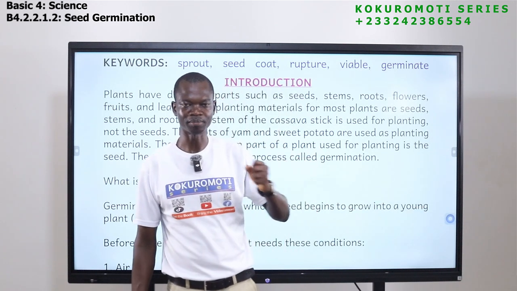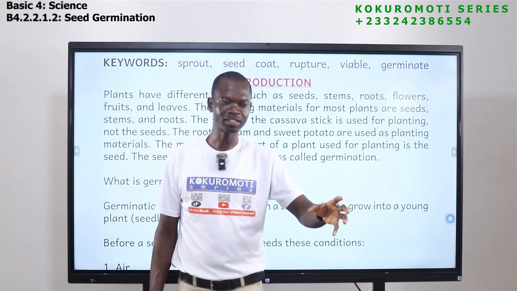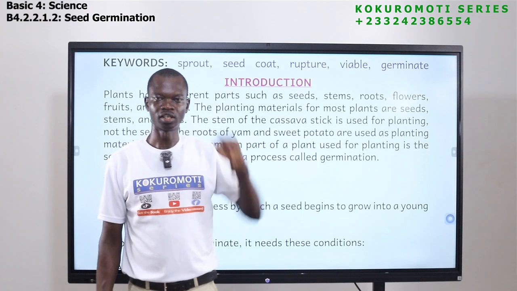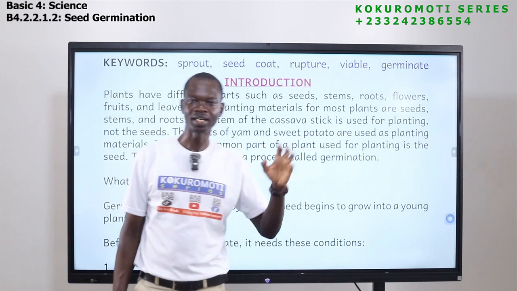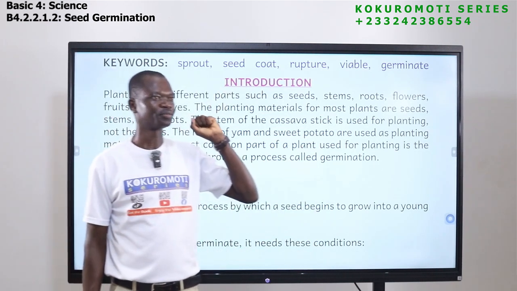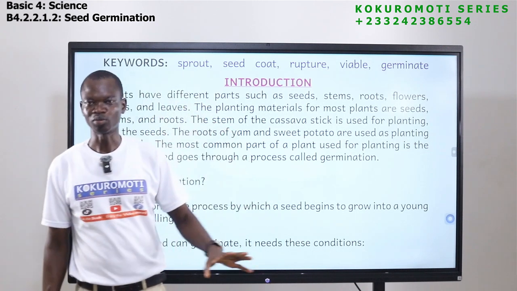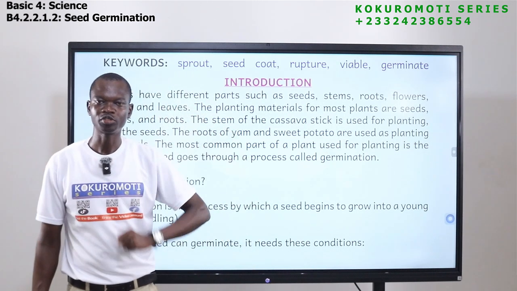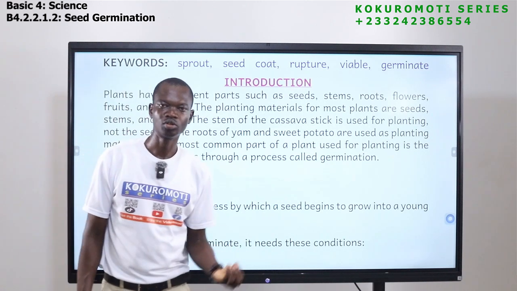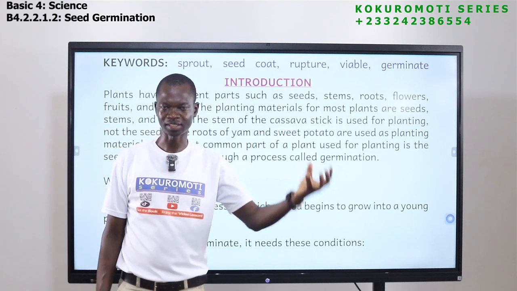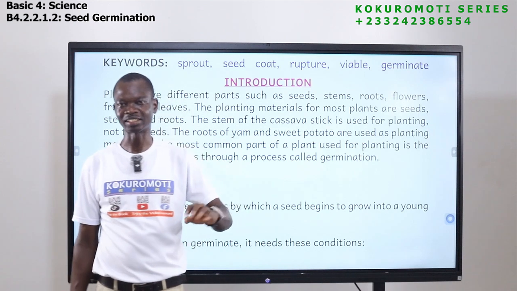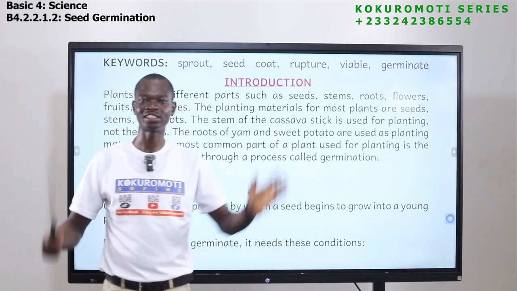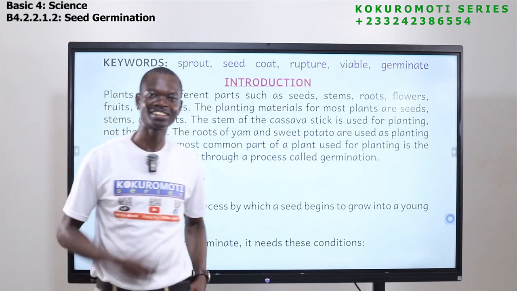So if you have a seed of maize, a seed of orange, a seed of pawpaw, a seed of mango, a seed of guava, how are you going to make sure this seed grows and becomes a plant for you? So that is what we are looking at, and the topic for today is seed germination. So what is seed germination? Yes, seed germination.